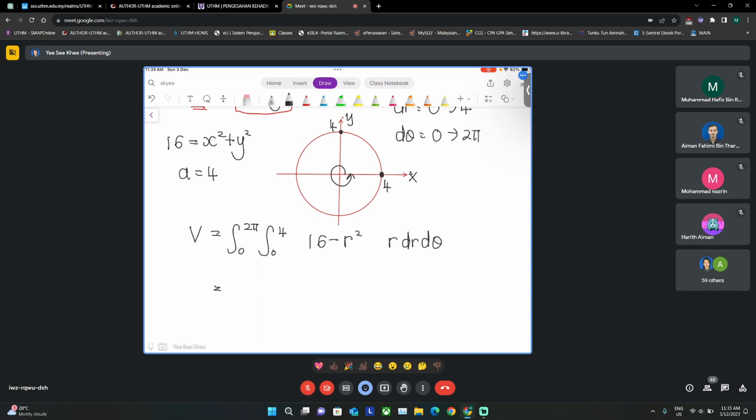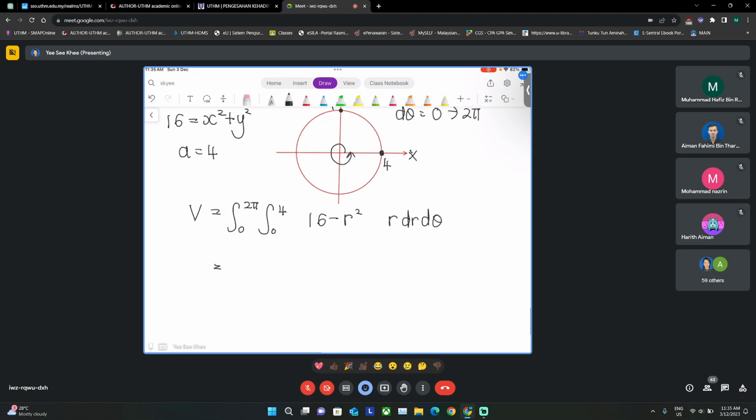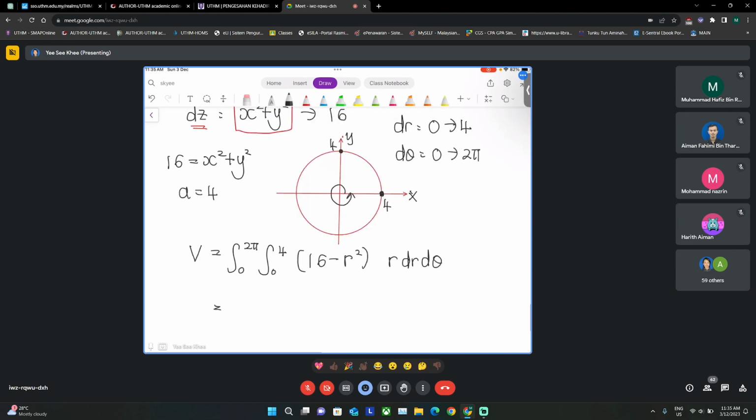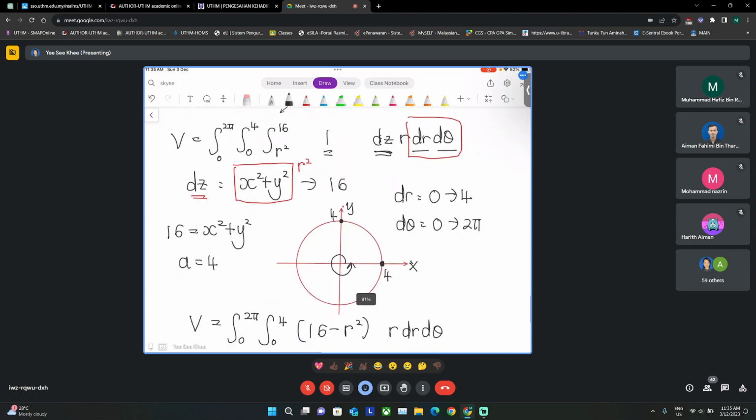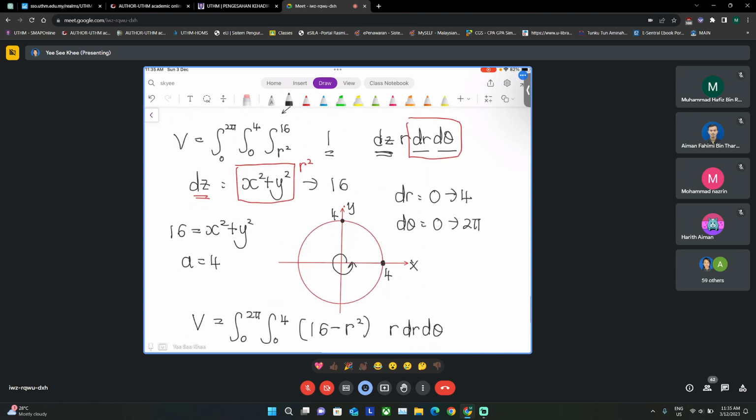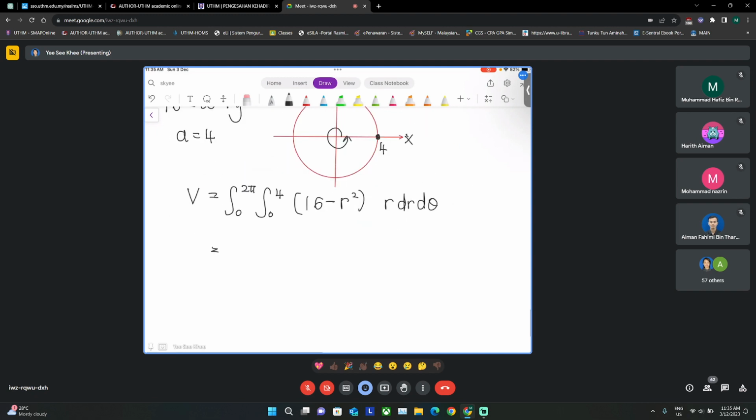So continue. Press calculator. 16 minus r squared, from 4 to 0.